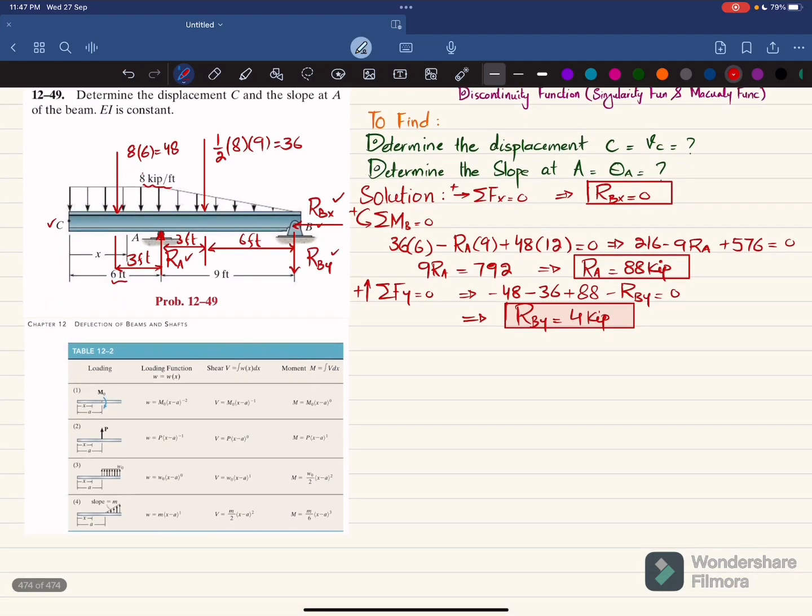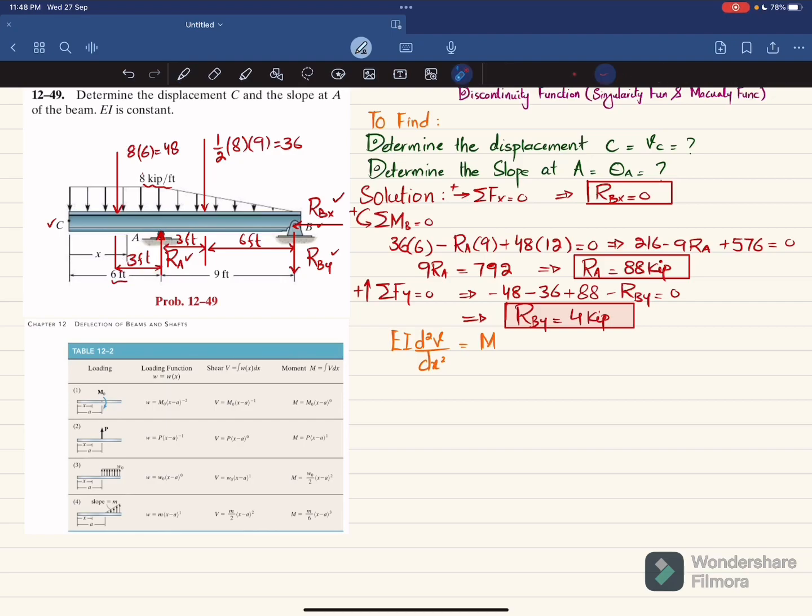Now you have all these forces, so we will find the equation of the elastic curve by using the equation EI d squared V over dx squared is equal to moment. We'll find the moment by using the discontinuity equation, or Macaulay's method.